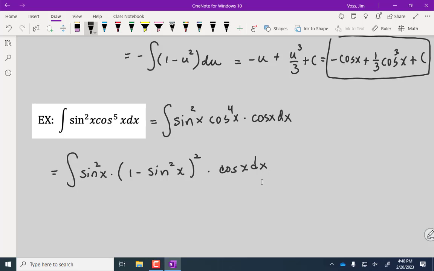So now we've converted the leftovers. Now we can let u be sine, and du is right there. That's all lined up perfectly for u sub. So if we let u be sine, du is cosine x dx.